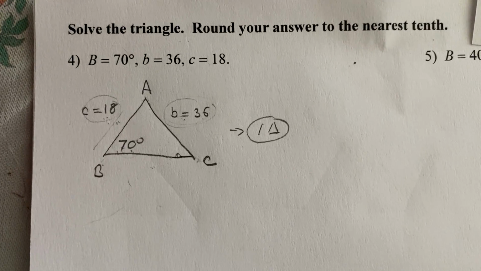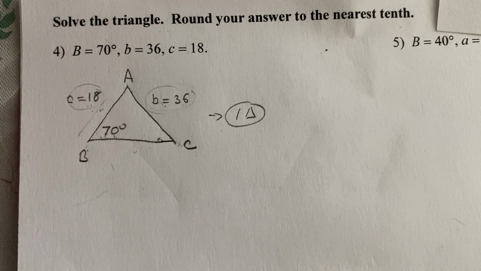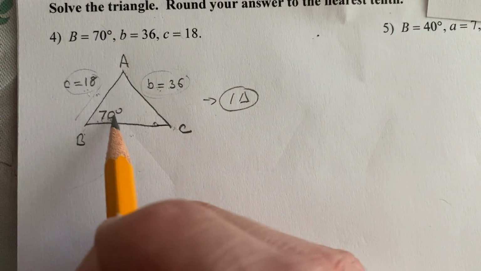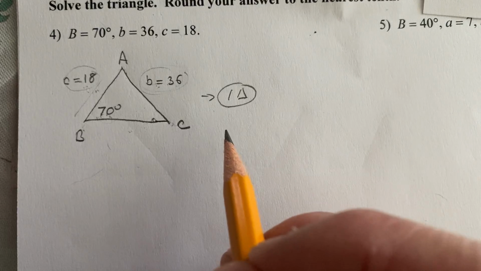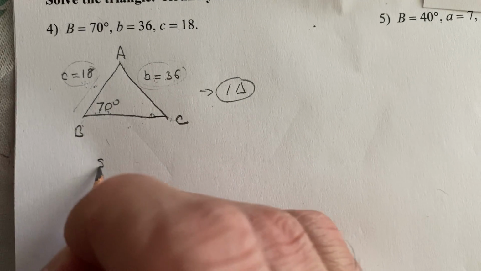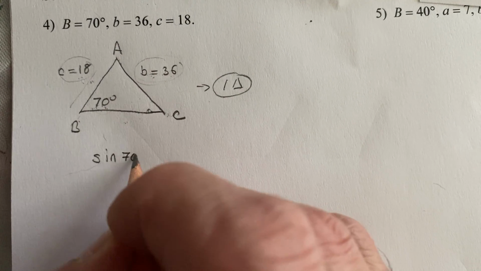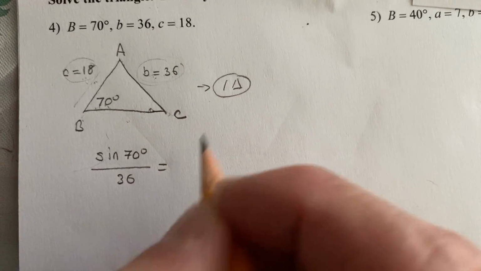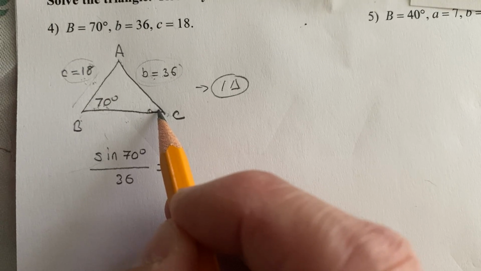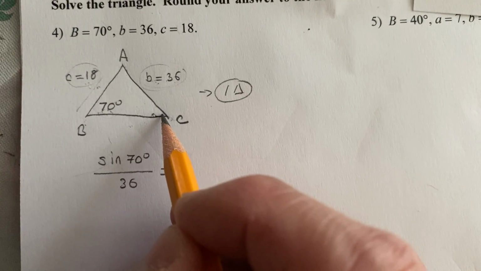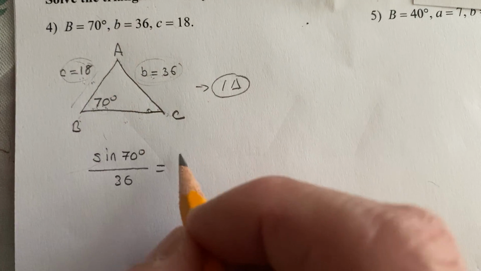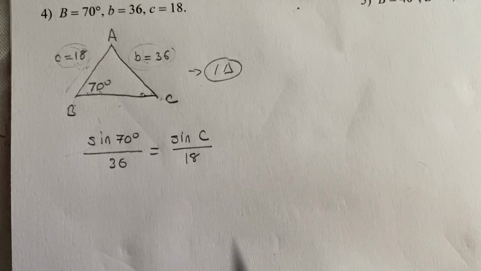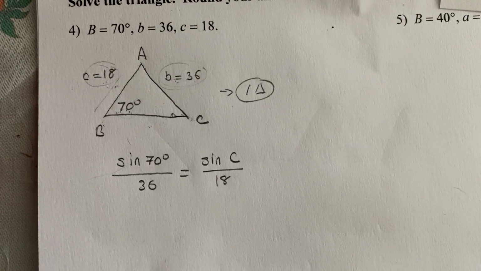Once you've established how many triangles you have, then you can just use the law of sines. You can write this ratio over this, or sine of 70 over this. It doesn't really matter. I typically like to keep my sines on top. So I'm going to say sine of 70 degrees over the side opposite, which is 36. And if you want to find angle C, which I recommend because you're given little c, you would say sine of angle C over 18.